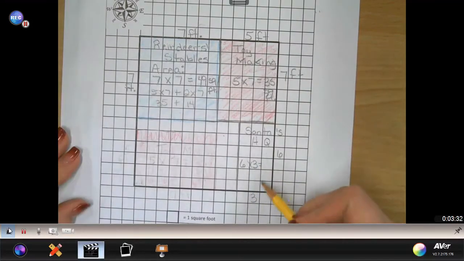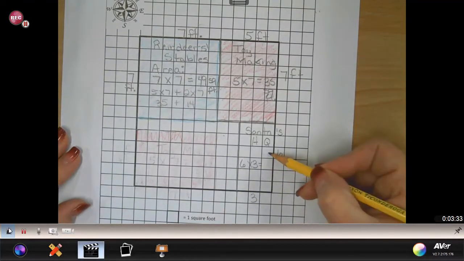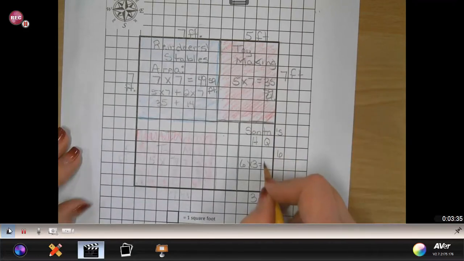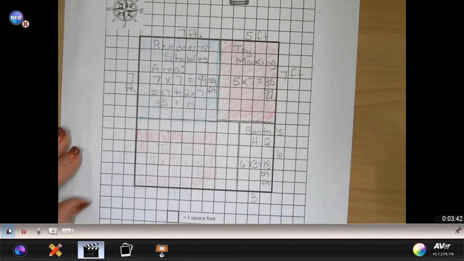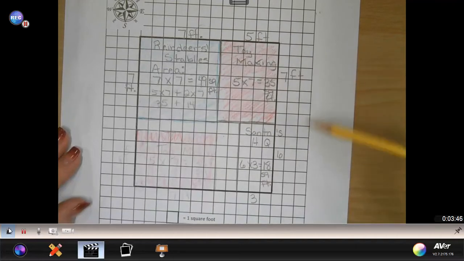And I have 3, 6, 9, 12, 15, 18 square feet. So Santa's headquarters, or maybe we could call it Santa's office, is 18 square feet. It doesn't have a very big room, but that's okay. It doesn't need anything that great.